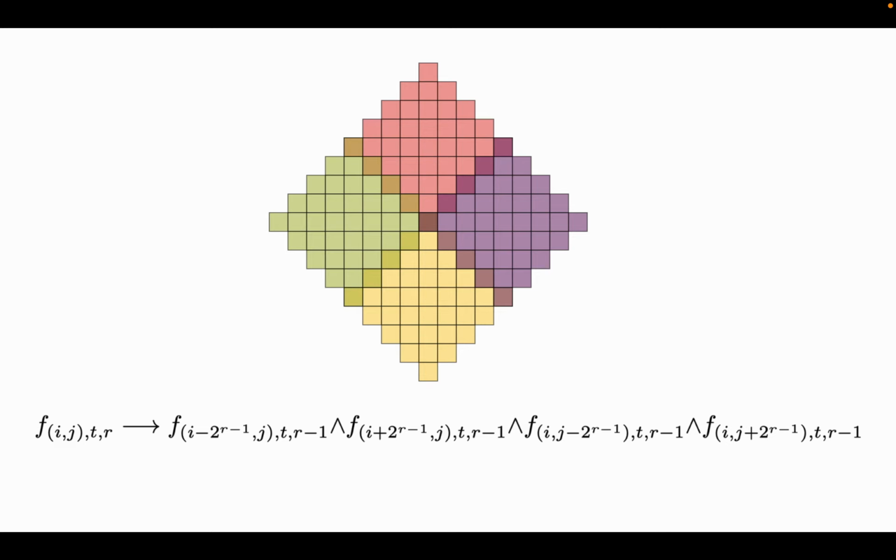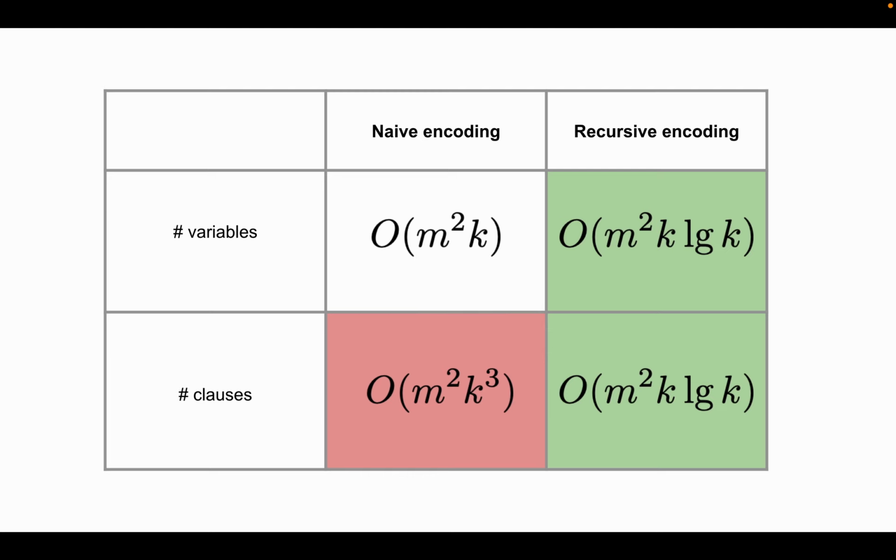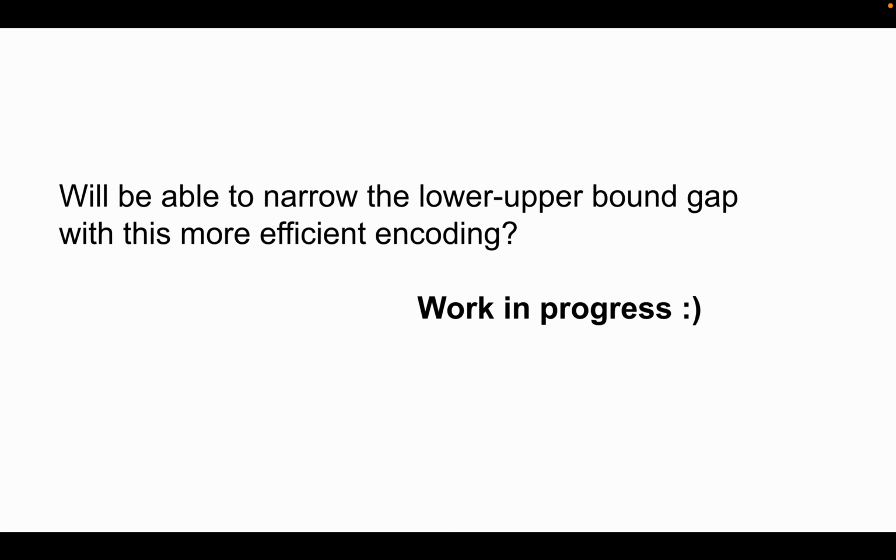We can then define these variables recursively by considering that each of these balls of radius 2 to the r can be described as the conjunction of 4 balls of radius 2 to the r minus 1. By putting these things together, we get that the recursive encoding uses O of m squared k log k many variables and the same number of clauses, which is many fewer clauses than the naive encoding.